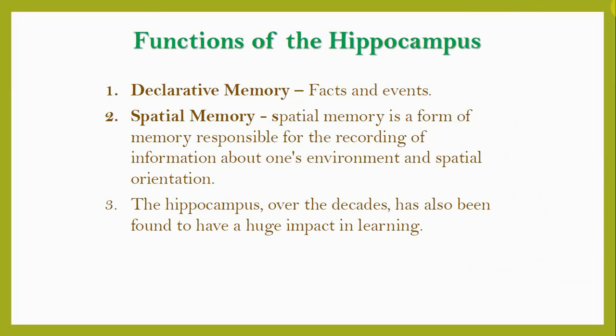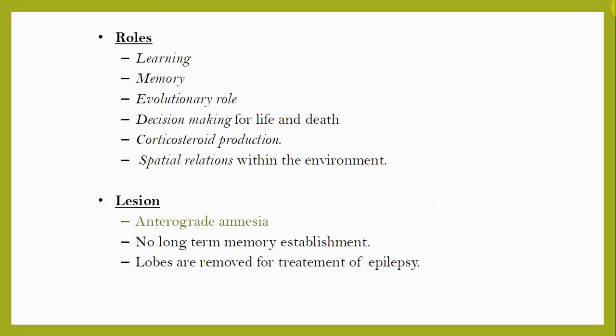Actually, the dorsal hippocampus was found to be an important component for the generation of new neurons called adult born granules in adolescence and adulthood. These new neurons contribute to pattern separation in spatial memory, increasing the firing in cell networks and overall causing stronger memory formation. The hippocampus has also been found to have a huge impact in learning.